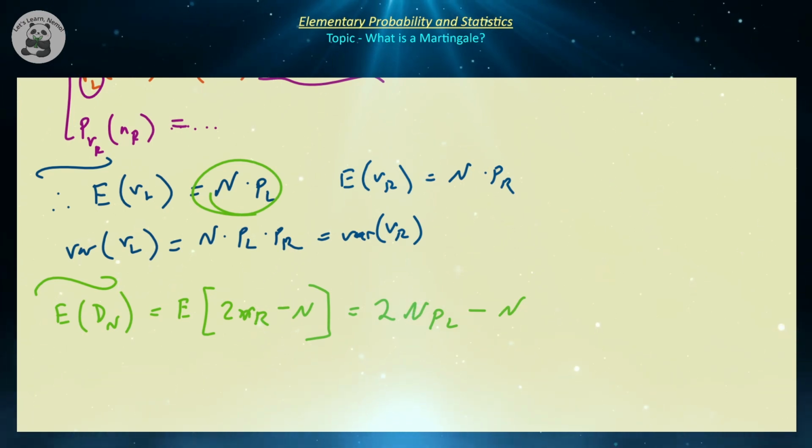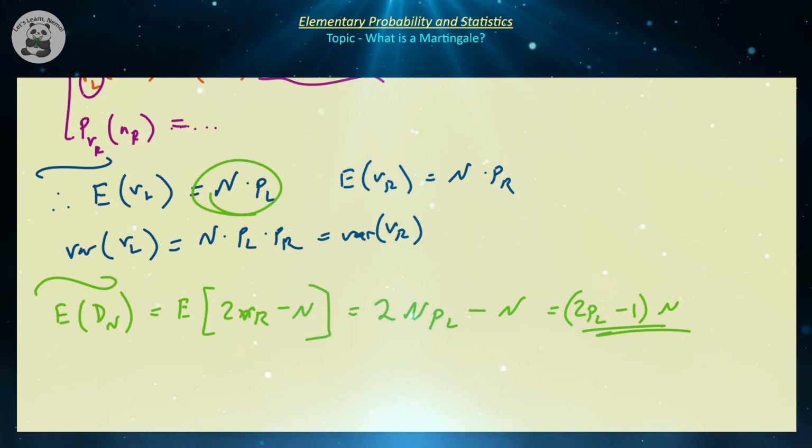Obviously, you can rearrange this and write it as 2PL minus 1 times N, but it's practically the same exact thing.